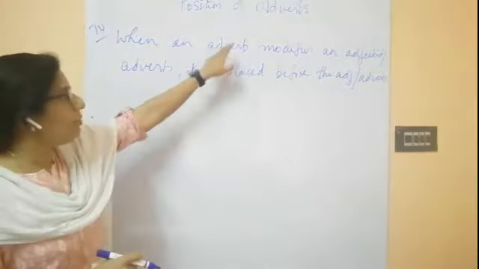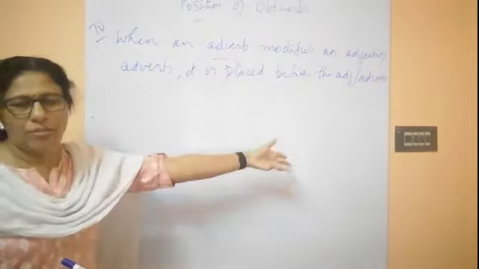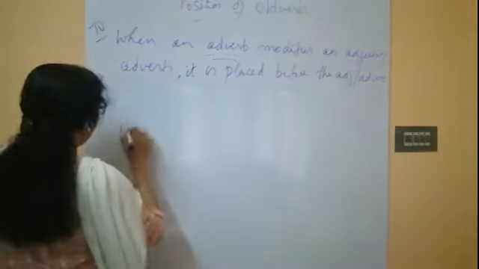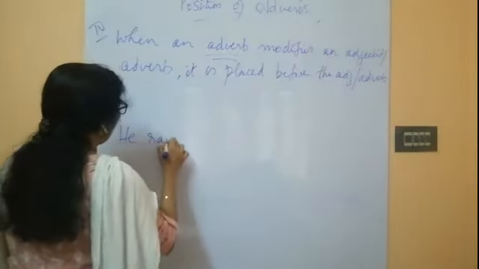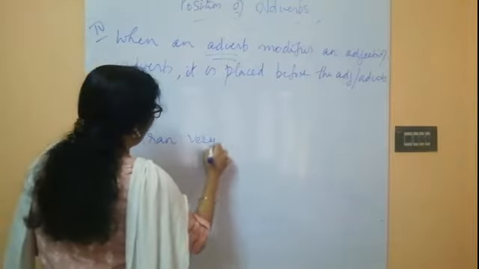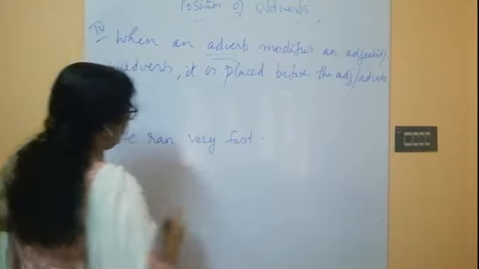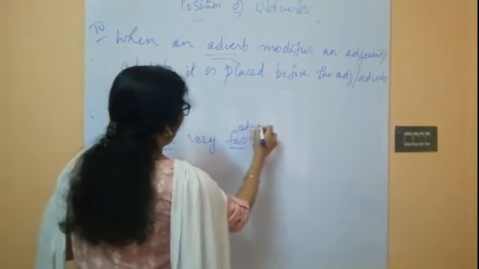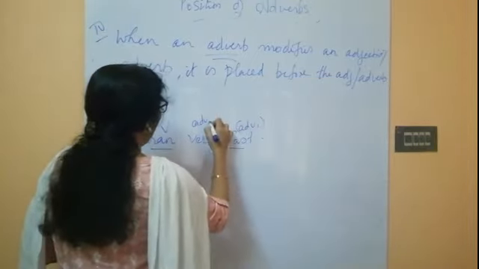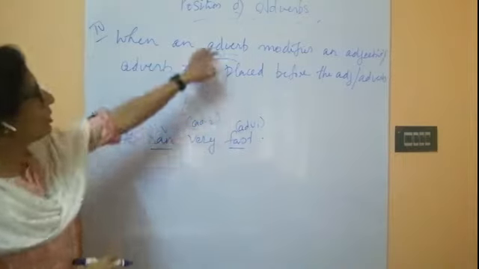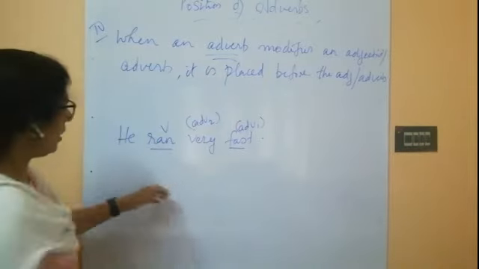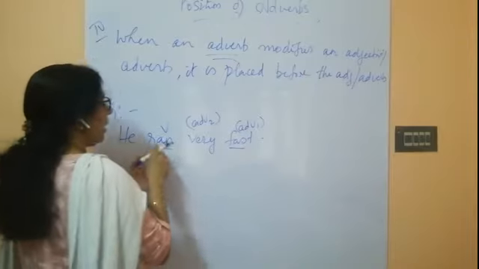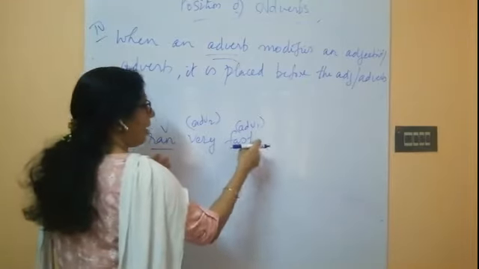Okay, if this adverb is qualifying another one, for example, he ran very fast. We have studied this in the previous class, he ran very fast. Okay, so this is the verb, this is adverb 1, this is adverb 2. Okay, so the same rule is applied here. See, how did he run? He ran fast.